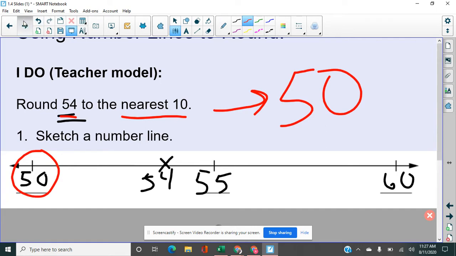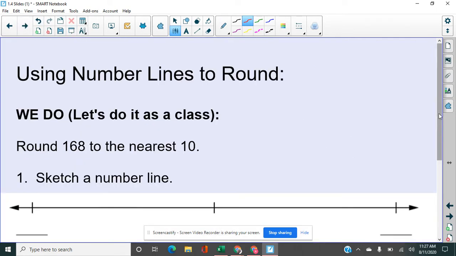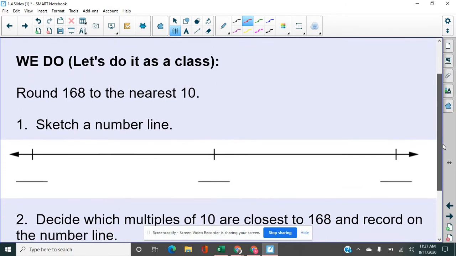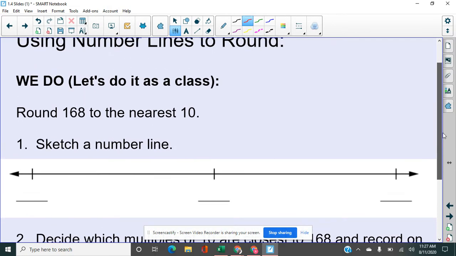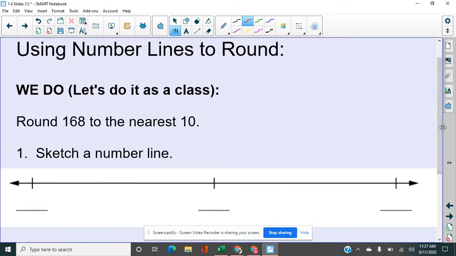All right, let's look at another one here. Now we're going to do a number up in the hundreds, but we're going to round it to the nearest 10 again. Okay, so we've got our number line. And if I was counting by tens, right, 90, 100, then I would keep going. 110, 120, 130, 140, 150, 160, 170, 180.